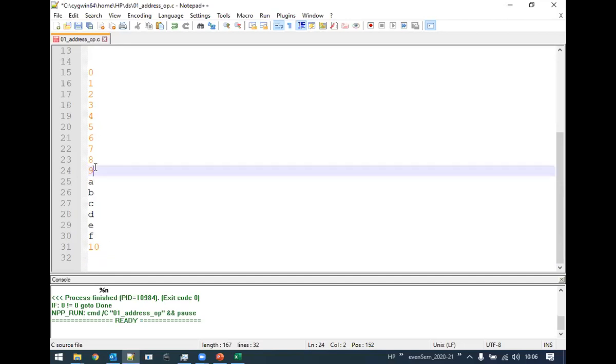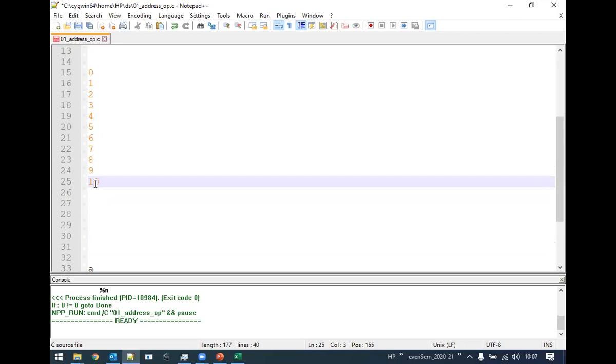Now, suppose you are writing decimal numbers, assume that 0 to 9 you have written. After 9, we write 10 again. Now, if you apply a little logic from the concepts you studied in computer fundamentals, you can understand why this convention is there. What are the supported digits?